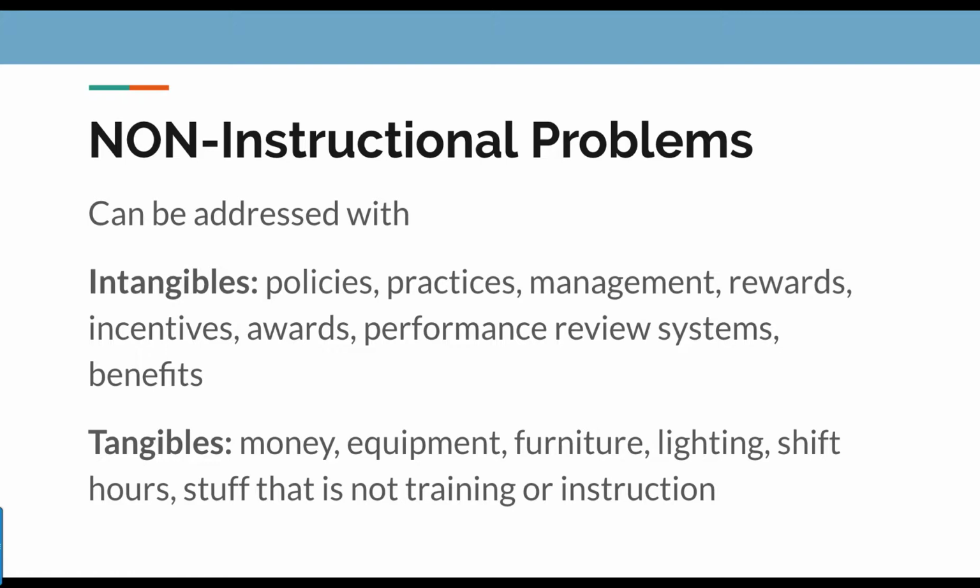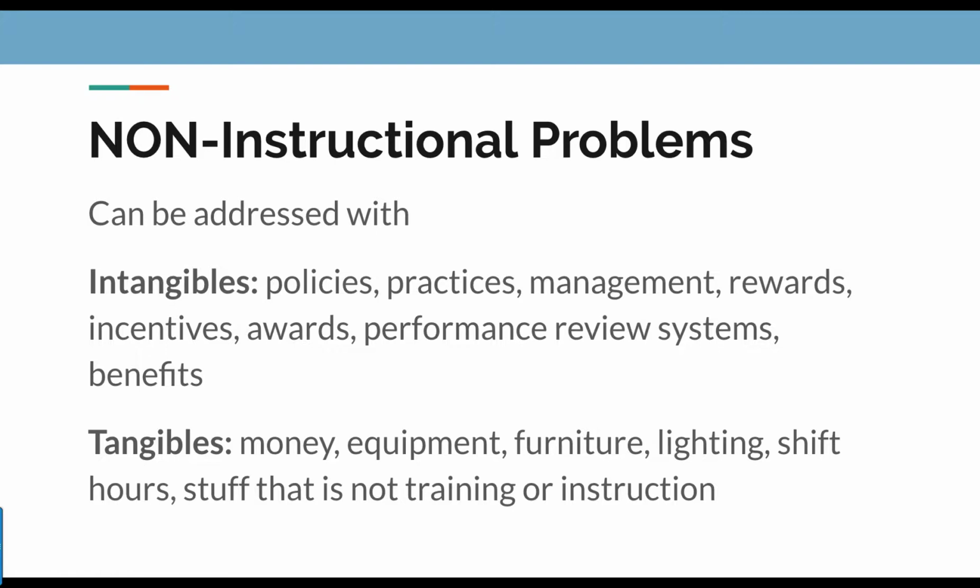I call those intangibles. Tangible things are, you might want to give people more money for the work that they're doing if there's a poor performance issue. Maybe they need a different piece of equipment or some furniture. Maybe they need a light bulb above their work space in order to do their job better. Perhaps changing their hours.